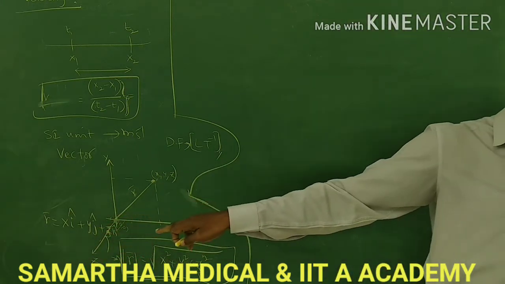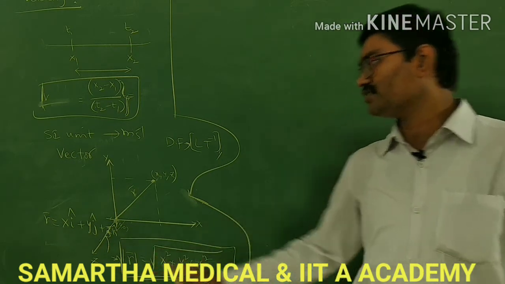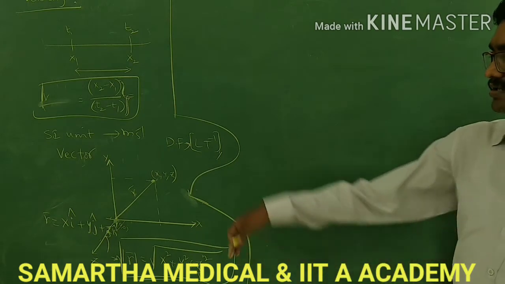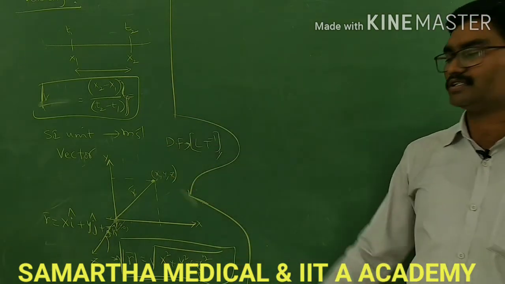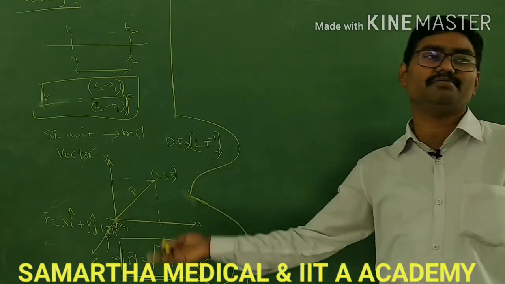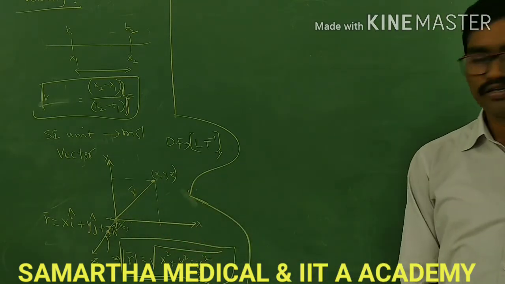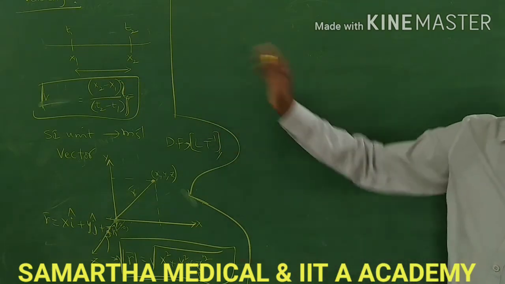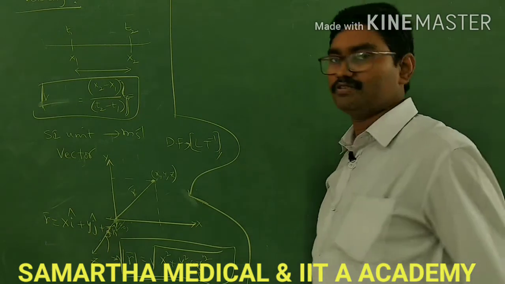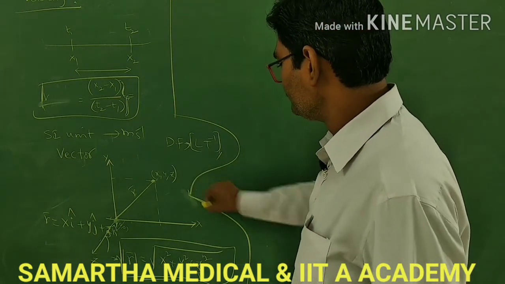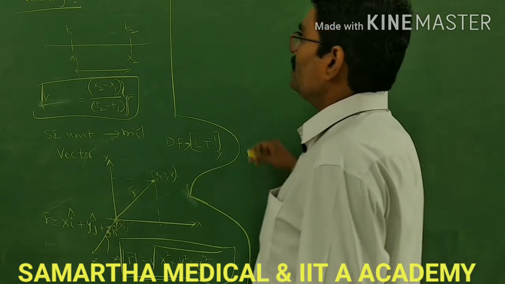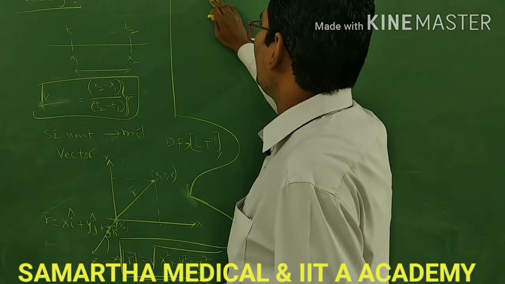That is the position vector, and its magnitude is the length of the vector. Then we will see velocity. Velocity means change in position by time taken. To go from here to here, we notice how much time it takes, and then we calculate velocity. That we will see next, average velocity, then instantaneous velocity.